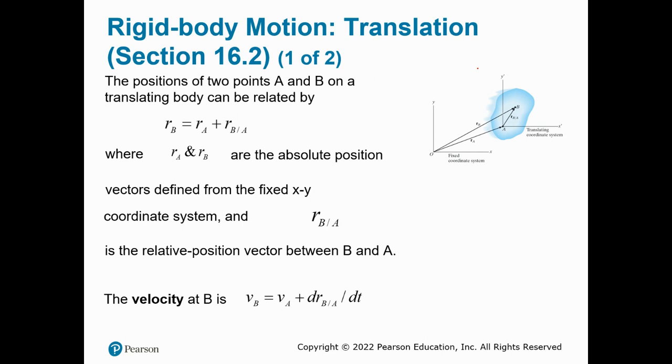This is vector addition. Now rA and rB refer to the absolute position vectors defined from the fixed xy coordinate system, and rB/A is the relative position vector between B and A. The velocity at B will be vB equals vA plus the derivative of rB/A, the relative position of B with respect to A, taking that position vector's first derivative with respect to time.